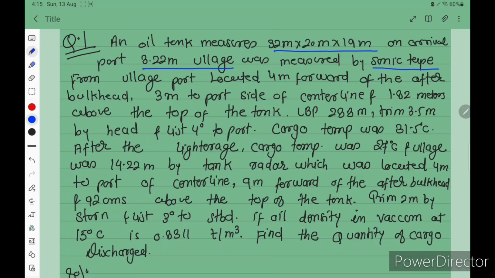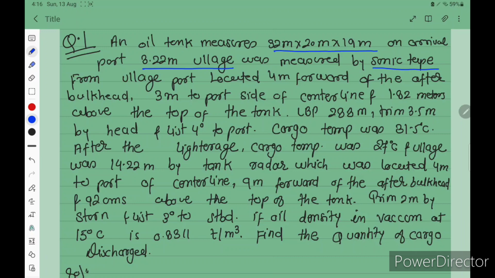Just see here, it is 92 centimeters; it is only given for confusion. All the units should be in meters, so you have to convert to meters. Trim 2 meter by stern, list 3 degree to starboard. Oil density in vacuum at 15 degree centigrade is 0.8331. Find the quantity of cargo discharged.